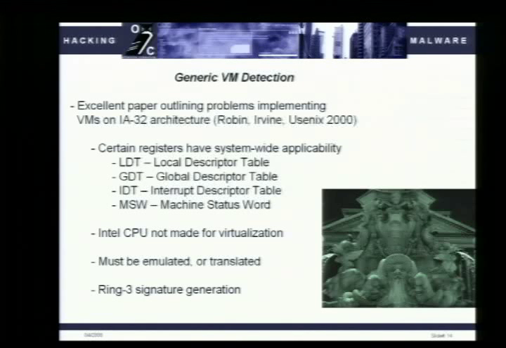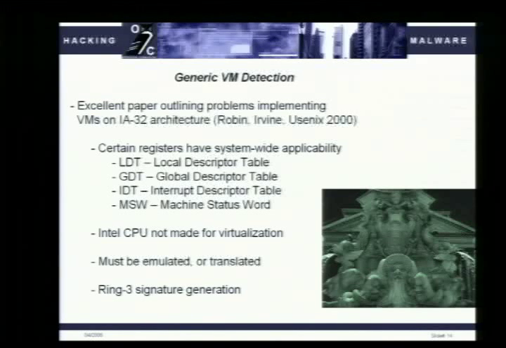Okay, so generic VM detection. There was an excellent paper outlining the problems implementing virtual machines on IA32 architectures by Robin and Irvine at Usenix 2000. And basically what they said is that there are some registers that have system-wide applicability.